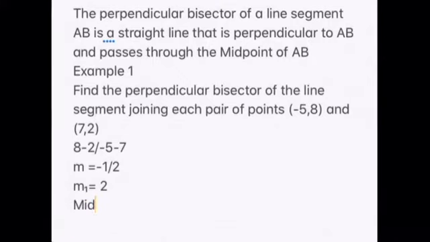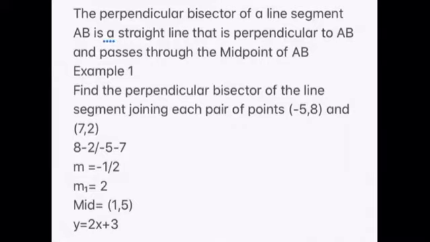So the gradient of the line perpendicular to it is 2, as they will multiply to negative 1. Then we will go on to find the midpoint, which is 7 plus -5, which is 2, divided by 2 is 1, and 8 plus 2 is 10, divided by 2 is 5. So the midpoint is (1, 5).